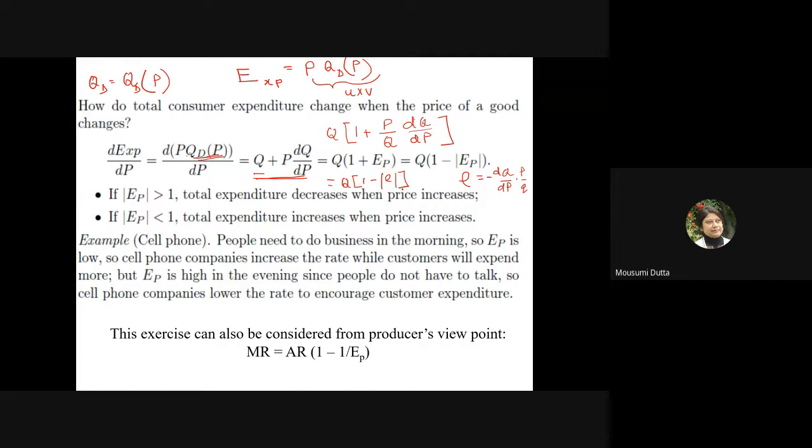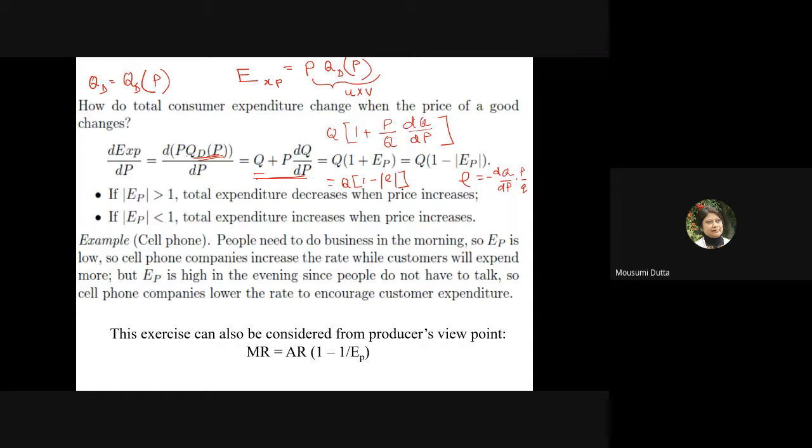When demand is quite low, I reduce the selling price, and when demand is quite high, I increase the selling price. This is the idea of peak load pricing.